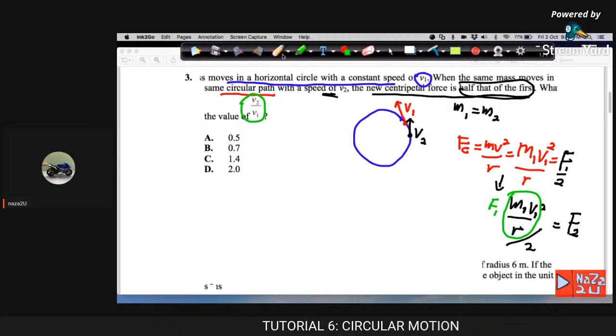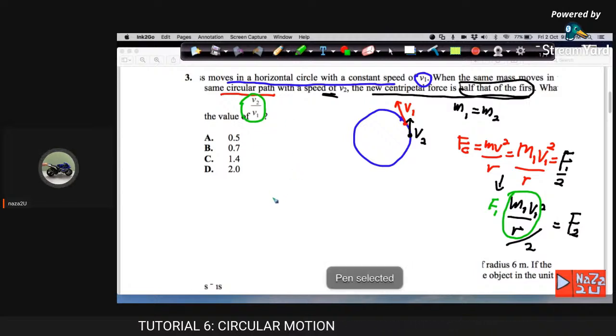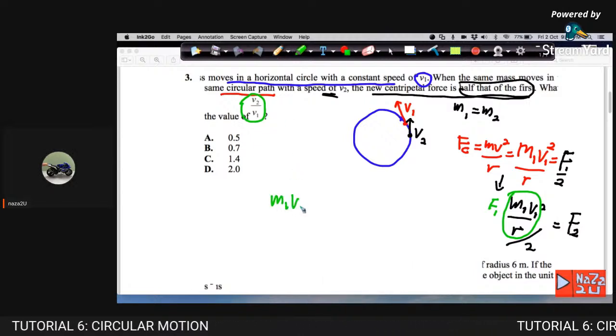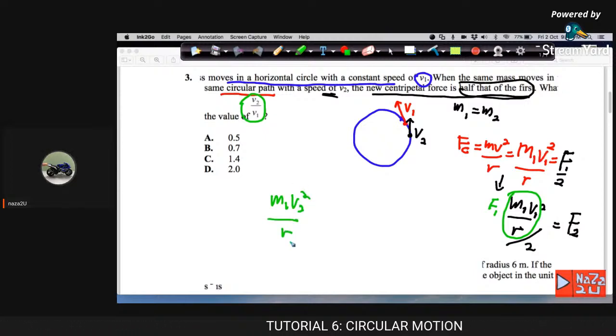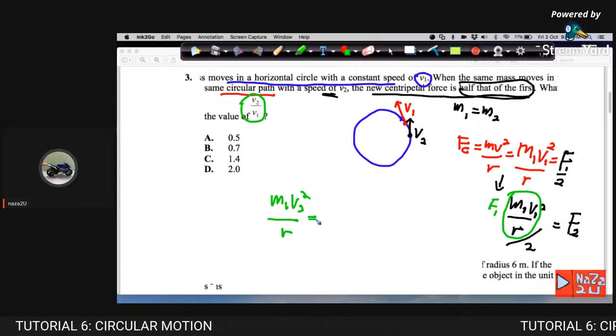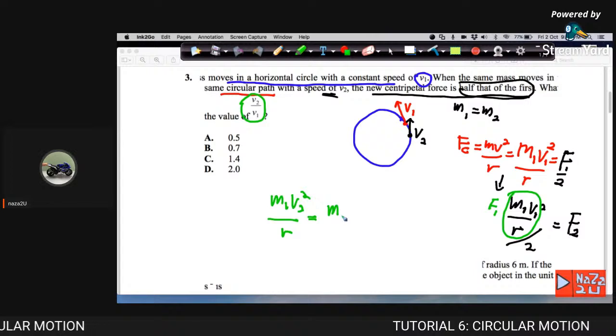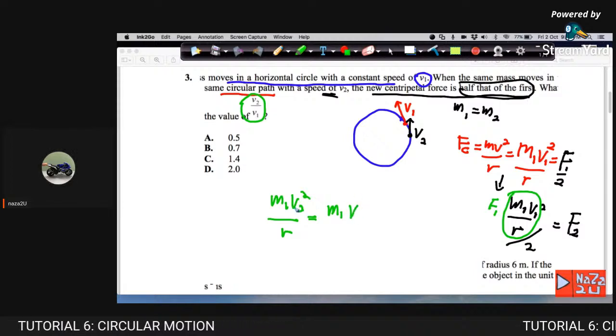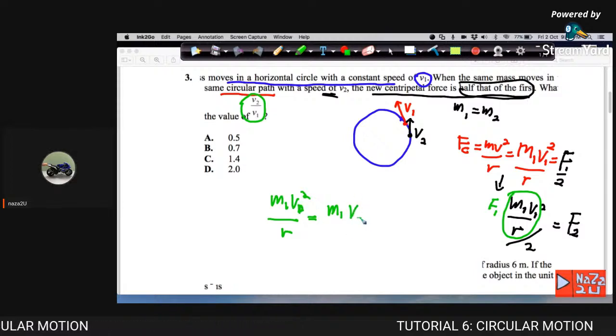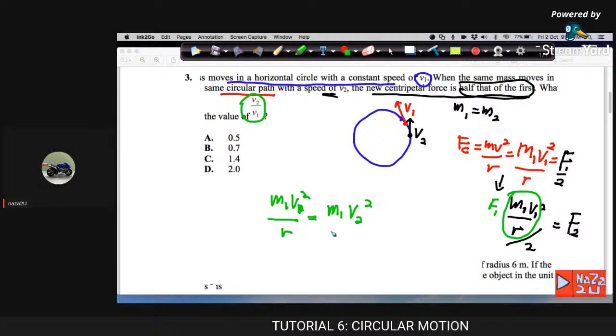So we have m1 v1 square for the first object, and the second object has the same mass, but with v2 square divided by r, the same r.